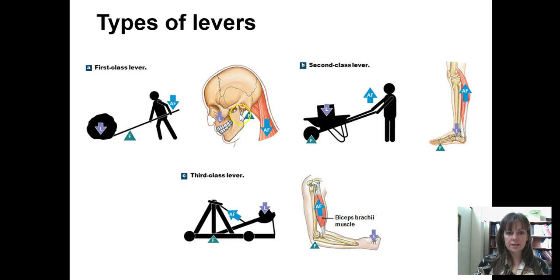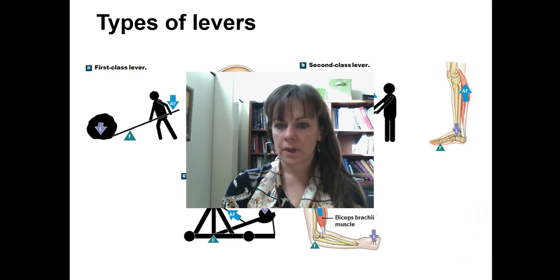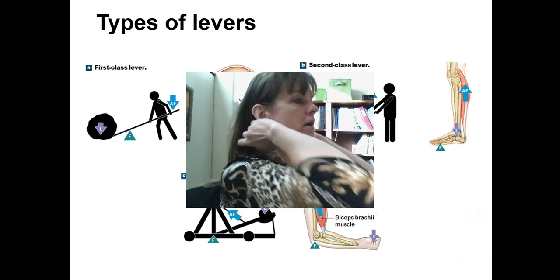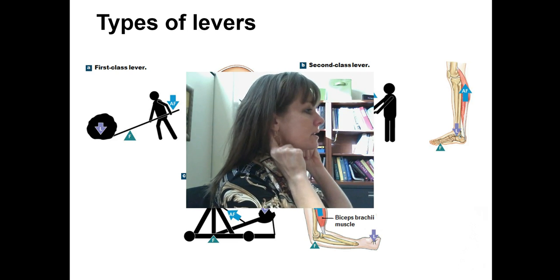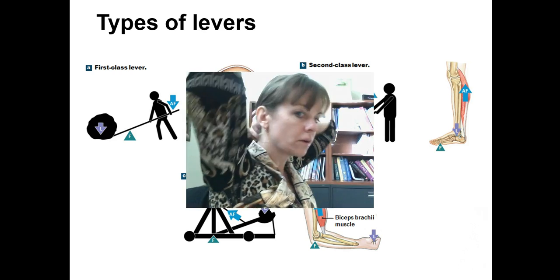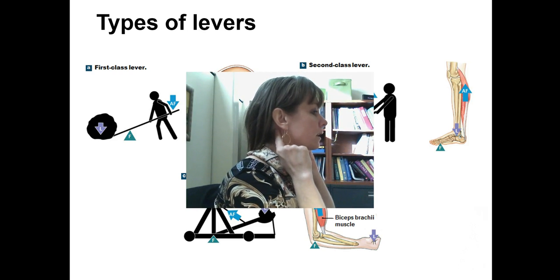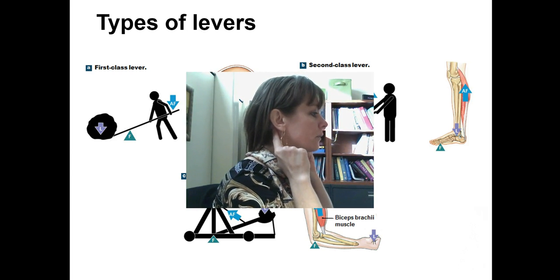So first I'd like to look at this first class lever here, okay, and we're going to focus on this. Now I'm going to turn to big screen just for a minute on me so I can demonstrate what's going on in this picture. Okay, so first off, what I'd like for you to do is this along with me. So find your mastoid process behind your ear, okay?